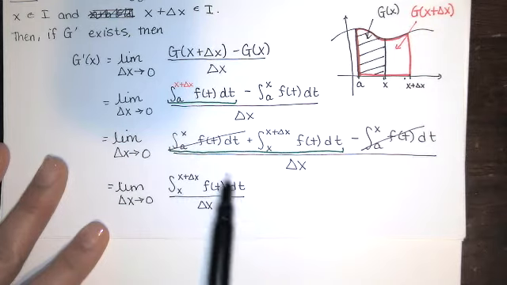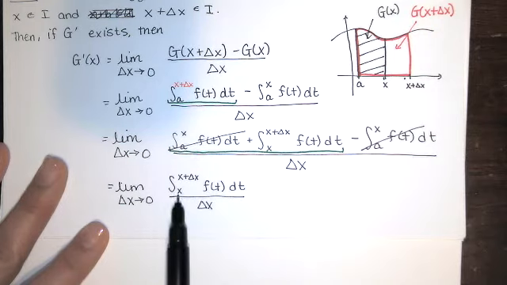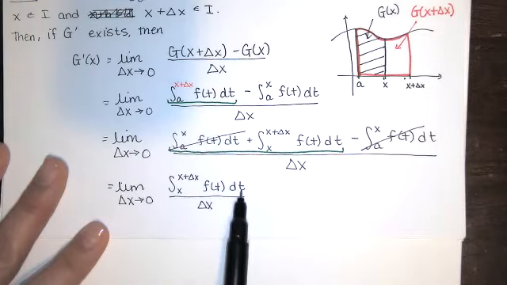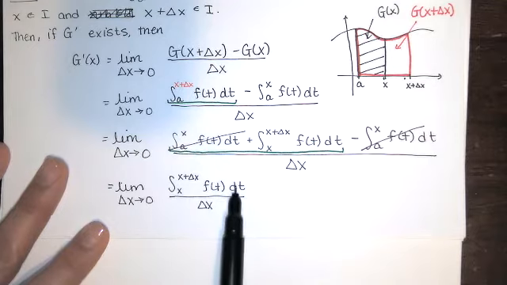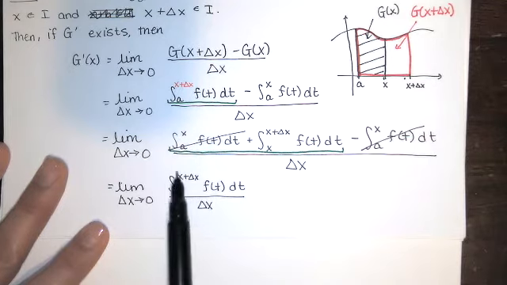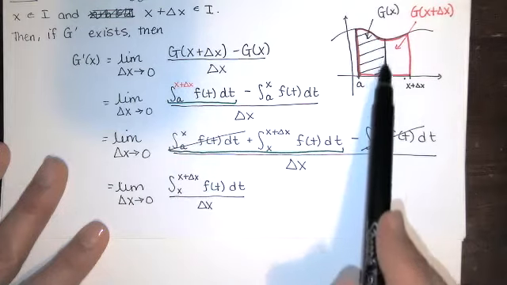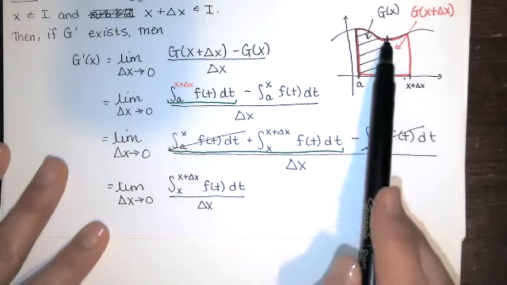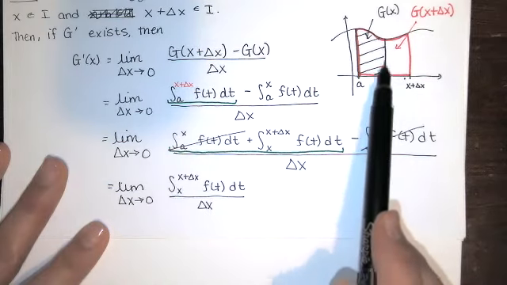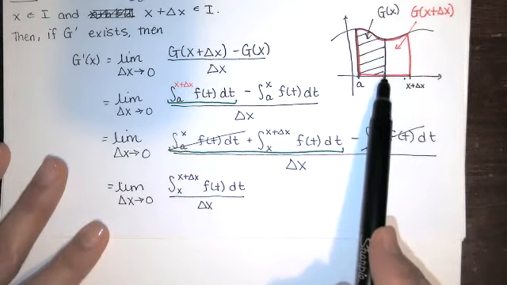And then we have this integral approaching the integral from x to x of f of t dt. Well, if those bounds are the same, I've got the integral from x to x, that's going to be 0 because when we start and end at the same place, there's no area under that curve. We're saying, what's the area under f of x from x to x? Well, there's no area there. It's just a little line segment, right?